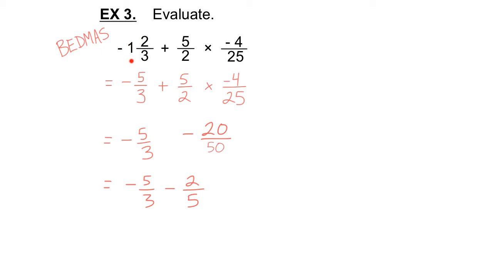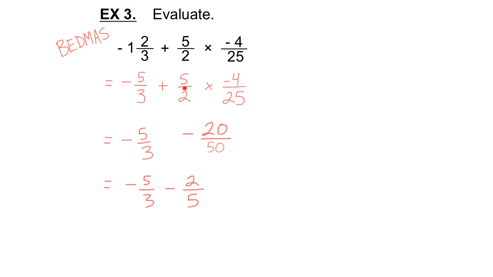So I've kept this first term in there, haven't changed it, but this originally was plus something, but notice I had a positive fraction times a negative fraction. It turned into a negative fraction. And a lot of people get confused when they think of adding a negative or subtracting a negative or something like that, but just watch your signs.